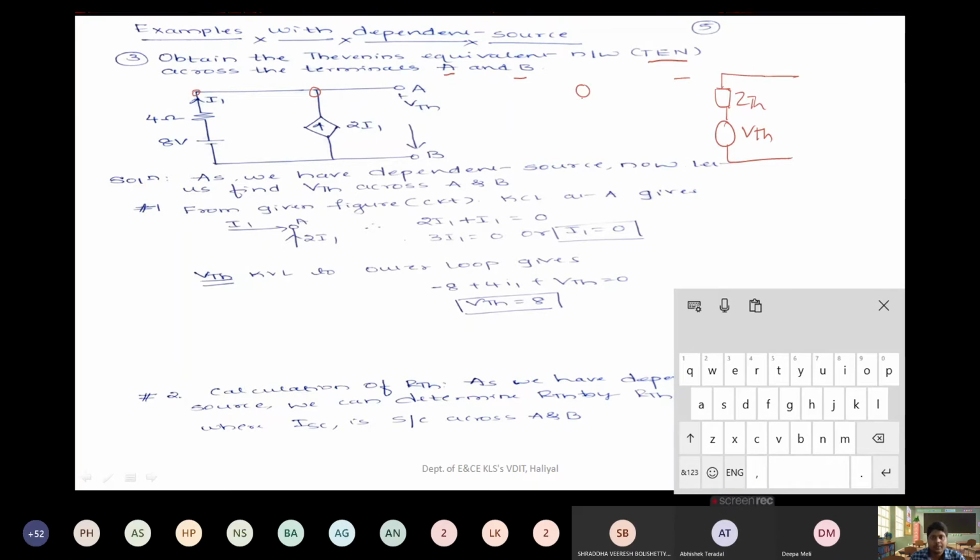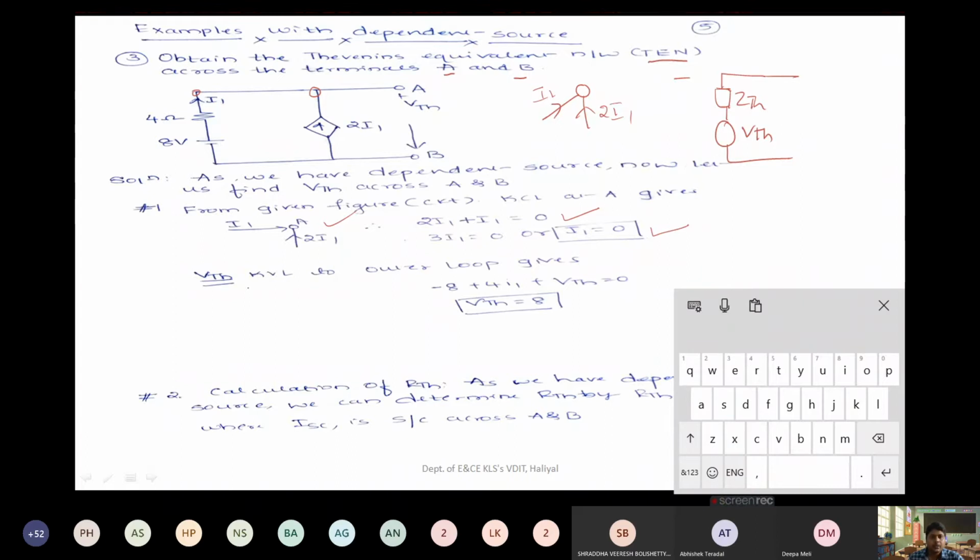If I take node A, I have two currents approaching there: one is I1 and this one is 2 times I1. If you apply KCL, I have shown here, what you get is 2 times I1 plus I1 equal to 0. That means 3 times I1 equal to 0, so I1 is equal to 0. Is that clear now? This one.